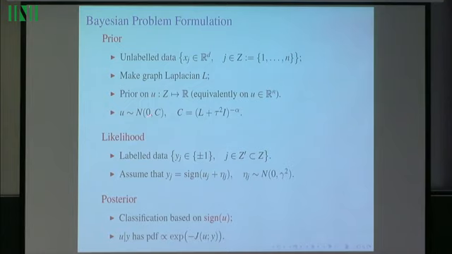Now here comes the key modeling step, which is how we link all of this stuff about the unlabeled data, which lives in the reals, to the labeled data, which is categorical and lives on +1, -1. And we do that by assuming that the labels are found, roughly speaking, up to some small noise, which I'll come to in a moment, by taking the sign of this real valued process.